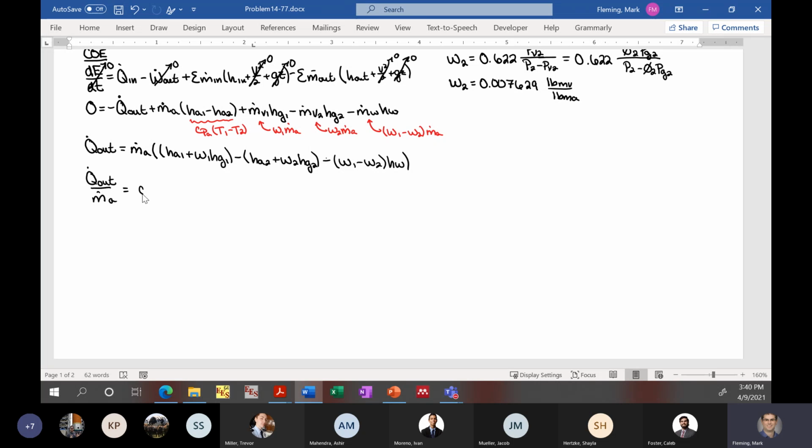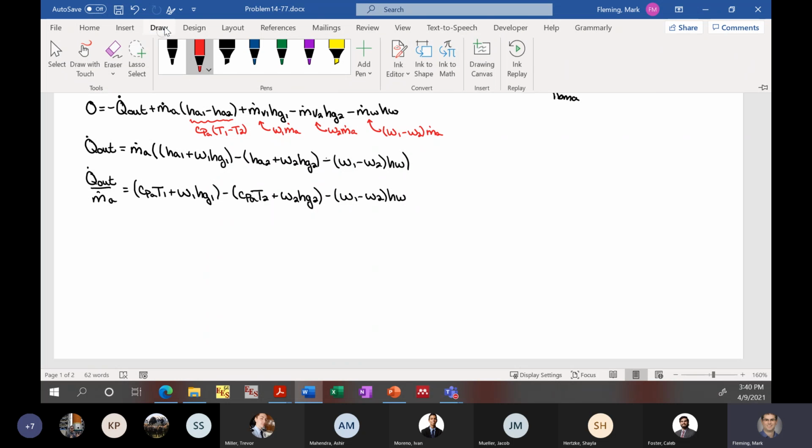What we would have is C sub P of the air times T1 plus humidity ratio 1 times H sub G1, in parentheses, minus C sub P of air T2 plus the humidity ratio of 2 times H sub G2, in parentheses. And we'll have minus W1 minus W2, in parentheses, times the enthalpy of the water.